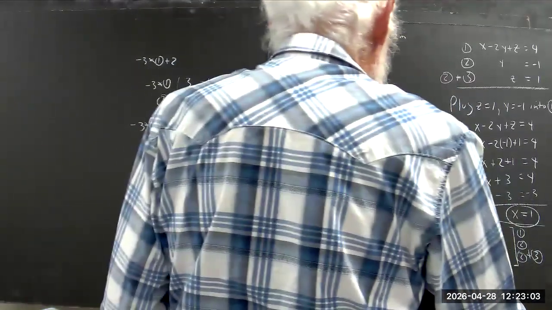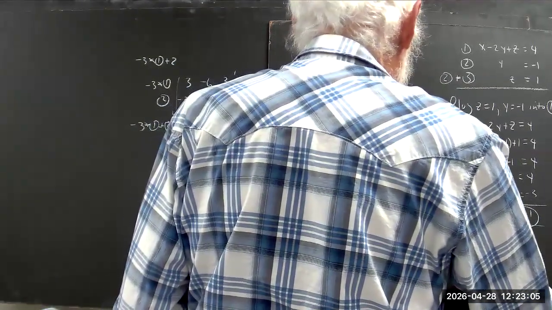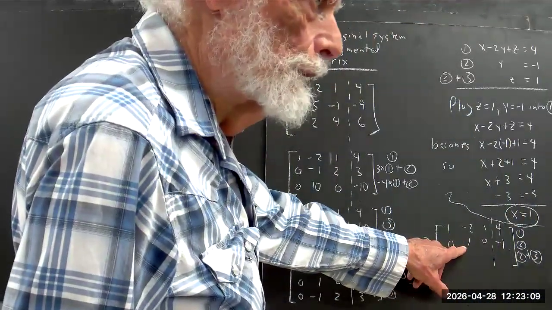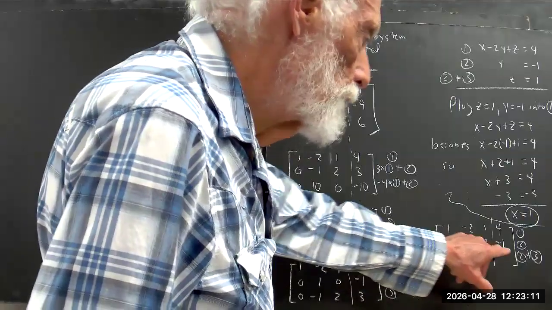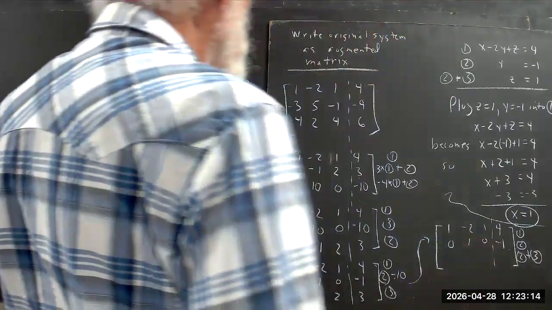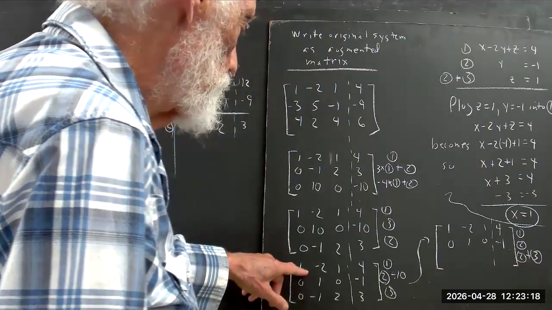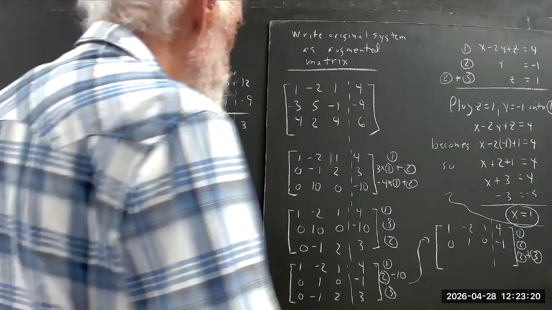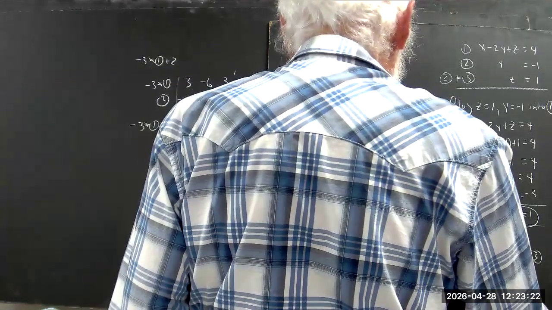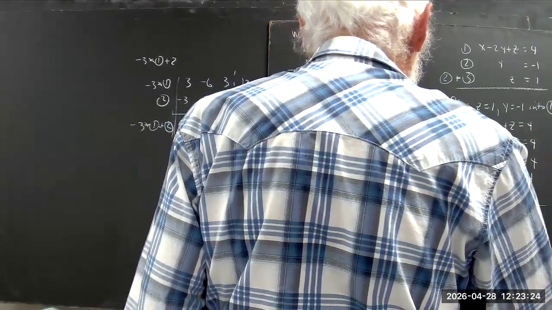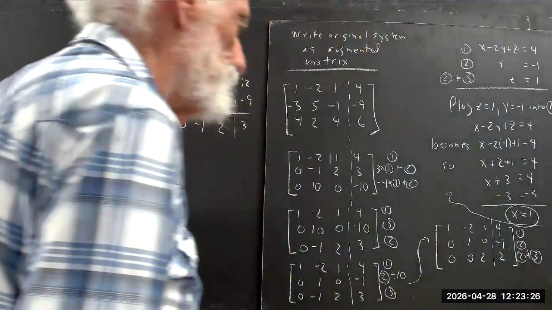Row 2 is still now 0, 1, 0, -1. We're going to leave that the way it is because that's the row that tells us that Y equals -1. And then our third row, we add the second row of the previous matrix to the third row and replace the third row. We're going to get 0, 0, 2, 2.